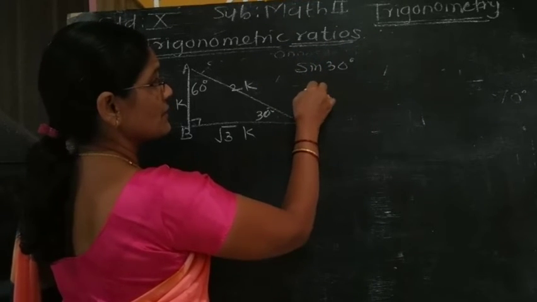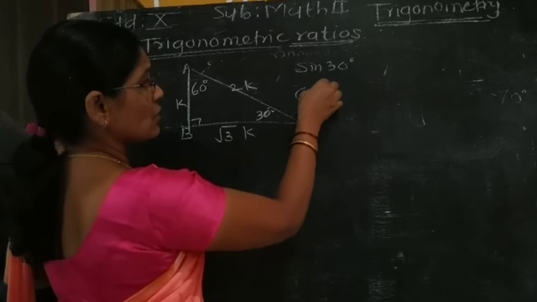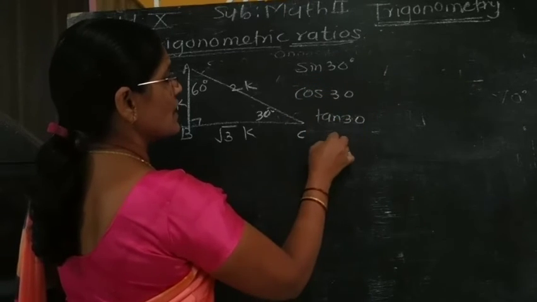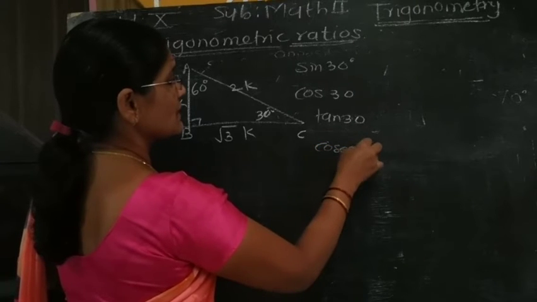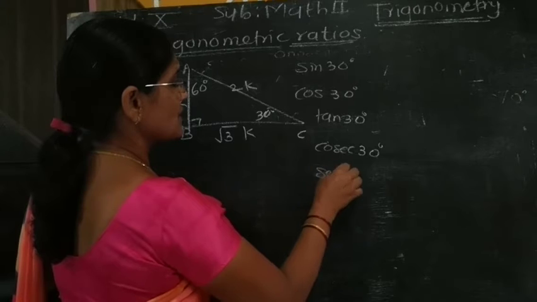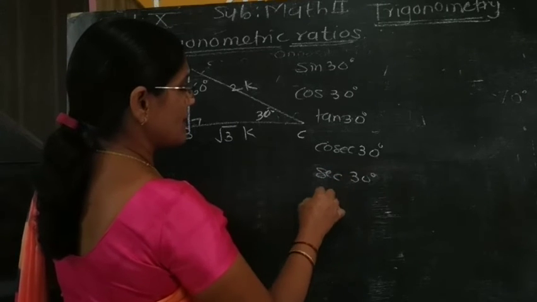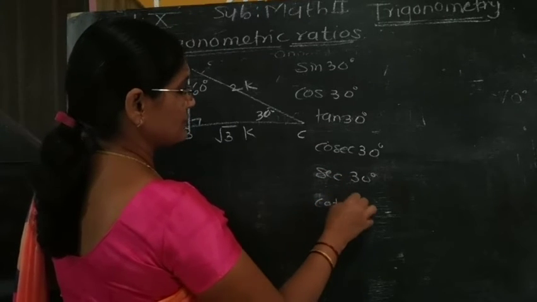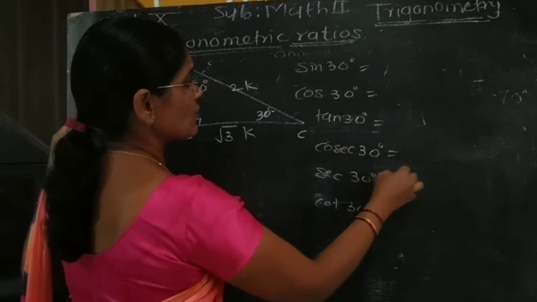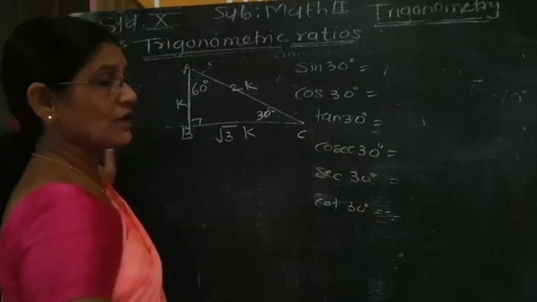Sin 30 for the 30 degree angle, cos 30, tan 30, after that cosec 30, then sec 30 and cot 30. The definition of sine is opposite side upon hypotenuse.